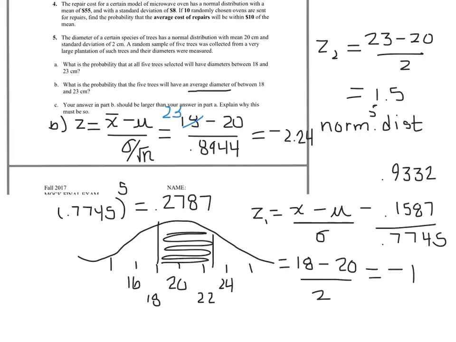And for our upper z-score, we get 3.35-ish.